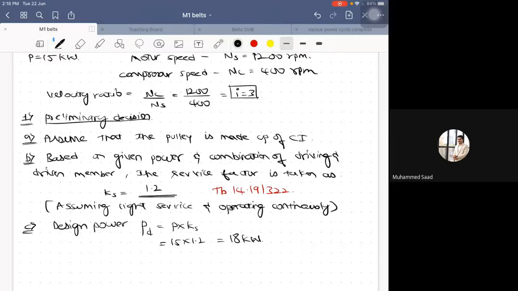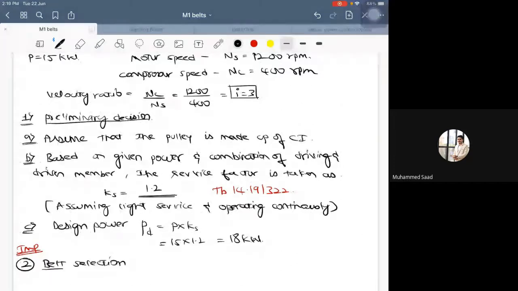Now, this is a very, very important step. Based on the design power, you are going to select the belt. So belt selection you are going to do, which type, whether A, B, C, D or E. So you have to check according to the ranges given there.